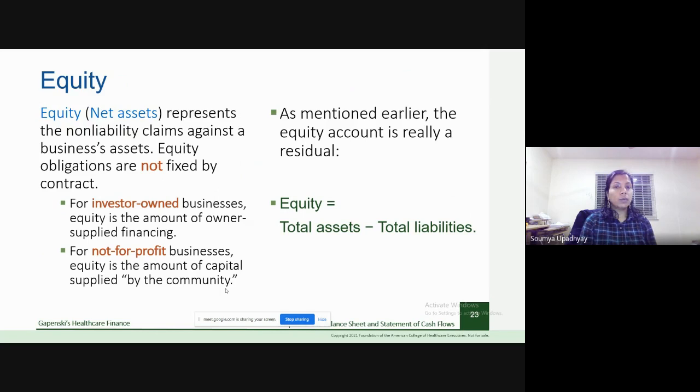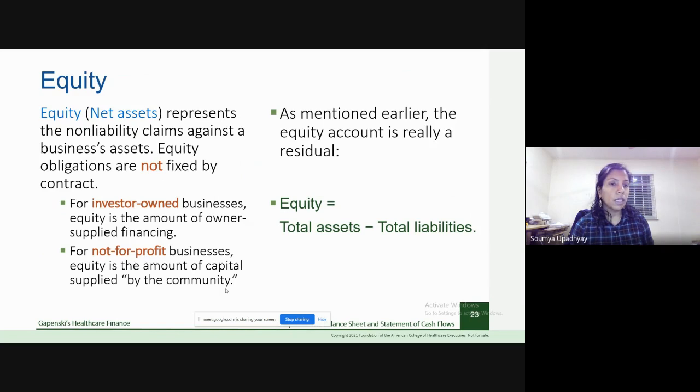And the next one is equity. We talked about equity. Net assets present the dollar value of assets that remains after subtracting business liabilities. So equity represents the non-liability claims that are against a business's assets. Now, if your house has increased from $100,000 to $200,000, and you have an obligation to pay a $50,000 loan, $200,000 minus $50,000 leaves you at $150,000, right?